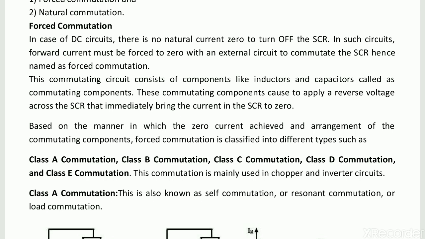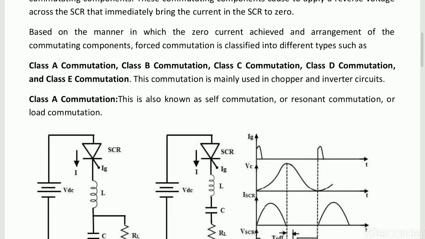Class B commutation is also called resonant pulse commutation, and class C commutation is also called complementary commutation. We will see them afterwards in this video. I will make one separate video for class D commutation, class E commutation and natural commutation. So we will quickly move forward to the circuit diagram of class A commutation.